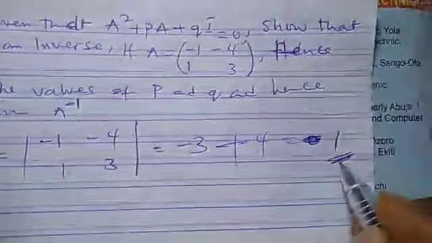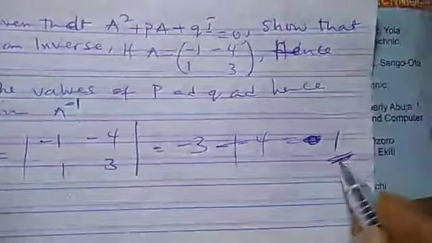Now if you find the determinant, it will give me minus 1 minus lambda into 3 minus lambda, minus this times this, that will become minus 4. It will become plus, equal to 0. Now we need to expand this and simplify. When we expand and simplify, we should have lambda squared minus 2 lambda plus 1 equal to 0.